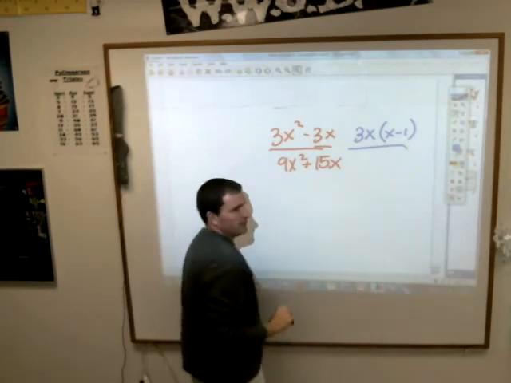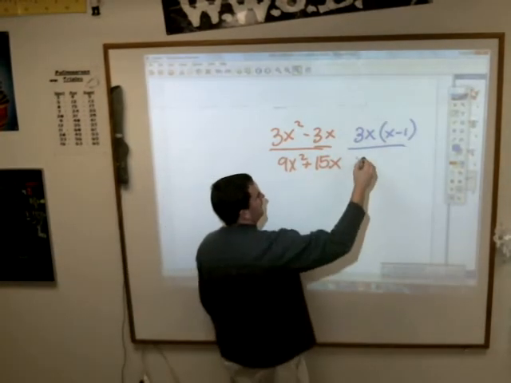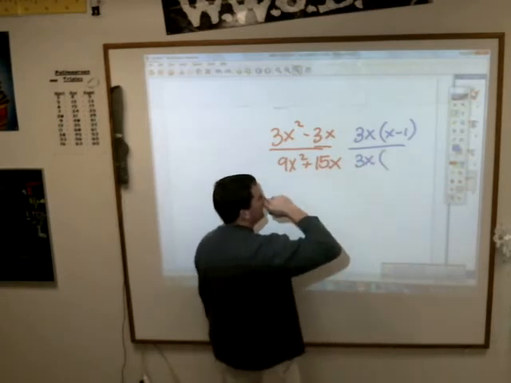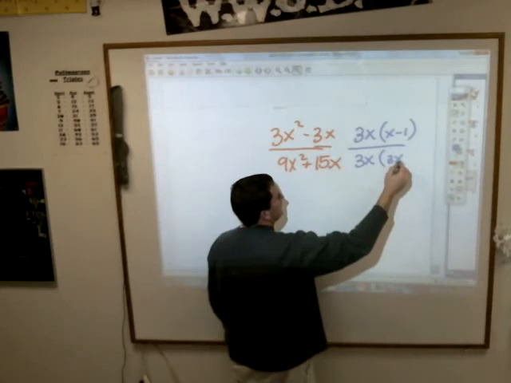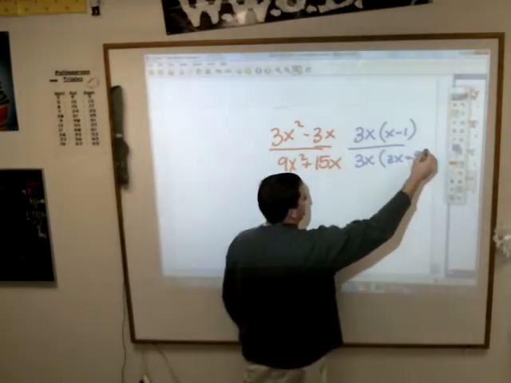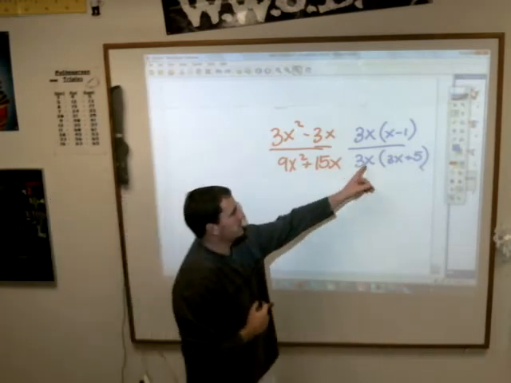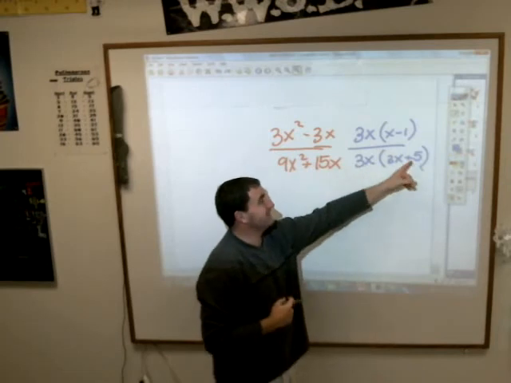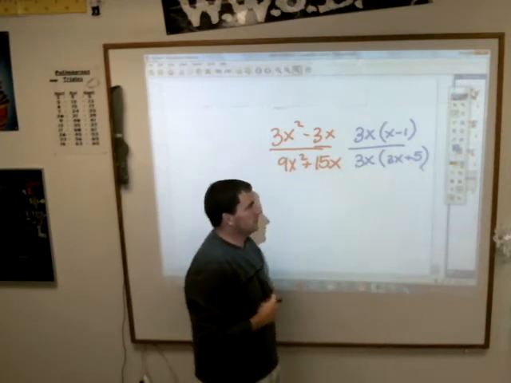On the bottom, you can factor out what, Dimitri? 3x, which leaves you with what inside? Well, no, there's no 5x, it's just 3x plus 5. 3x times 3x gives you 9x squared. 3x times 5 gives you 15x.